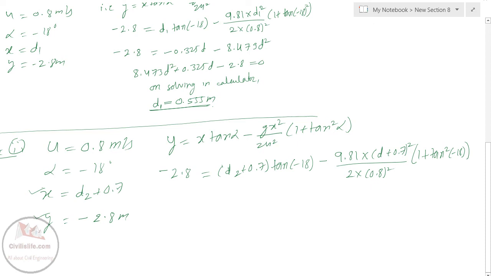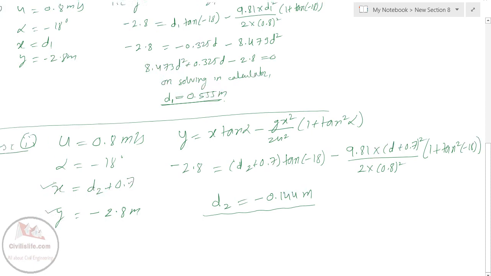On simplifying, this becomes a quadratic equation, and on solving it we get this value as minus 0.144 meter.